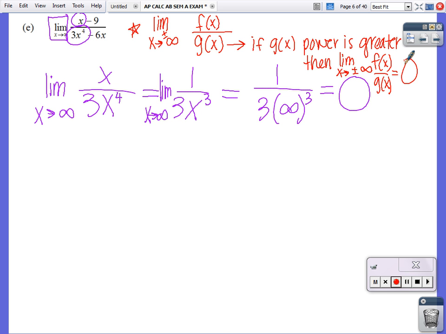And if you remember back to when you did horizontal asymptotes, the horizontal asymptote for that function would also be y equal to 0. The limit essentially follows the pattern of the horizontal asymptote.